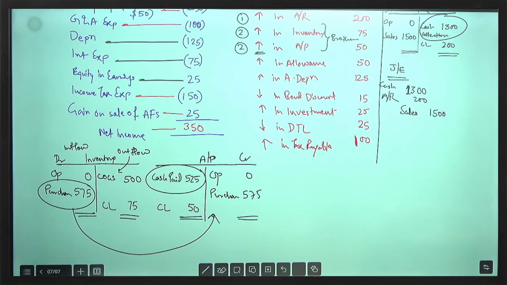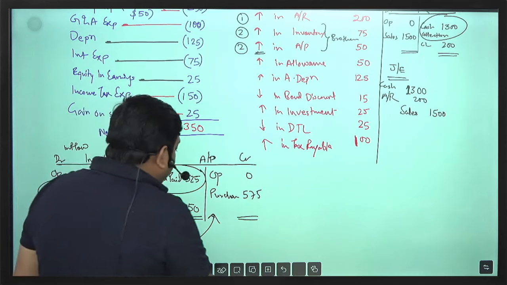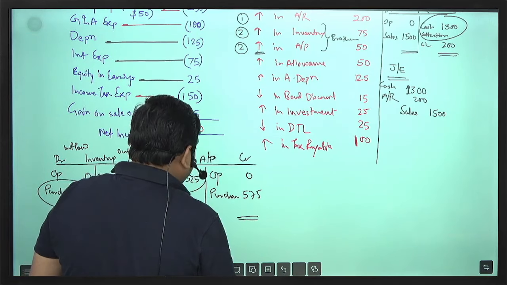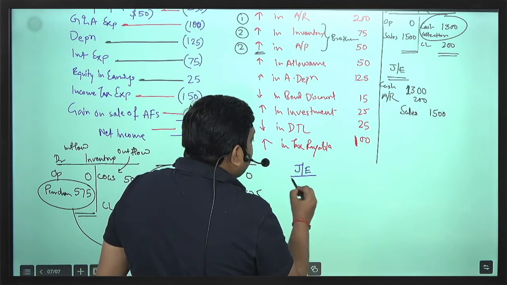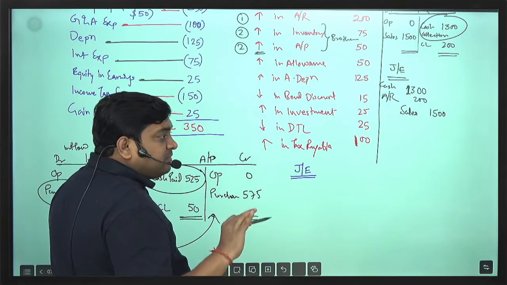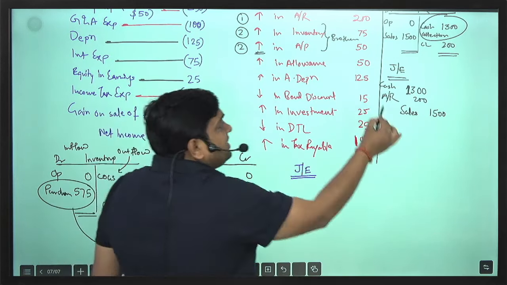Done. So what will be the journal entry for this? See, very simple. Like sales was income credit, COGS is expense debit. Done. Inventory has increased or decreased? Asset.